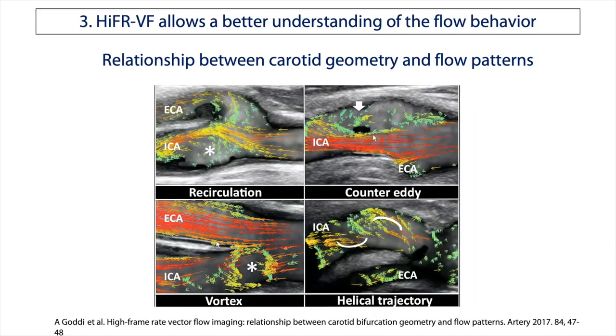Moreover, as you can see in the slide, V-flow outlines the streamlines behavior in different anatomical conditions and permits the analysis of complex flow, allowing to distinguish different flow patterns such as recirculation, counter-eddy, vortex, and helical trajectory.